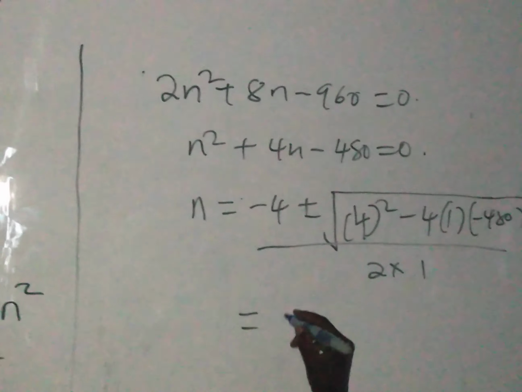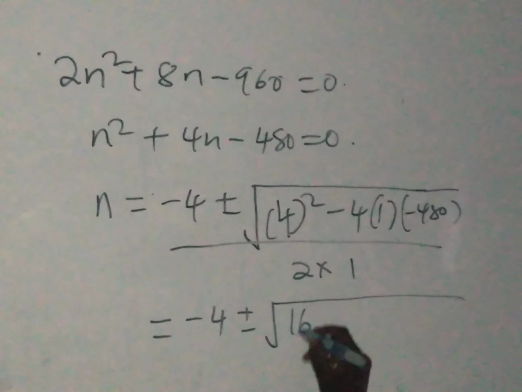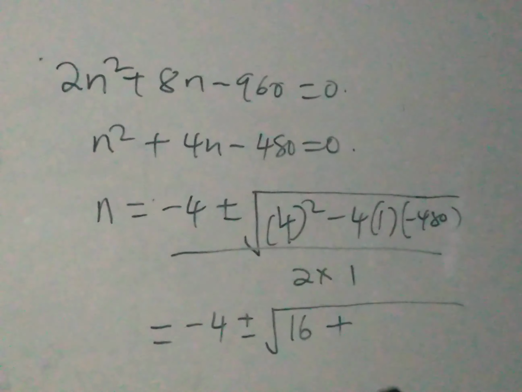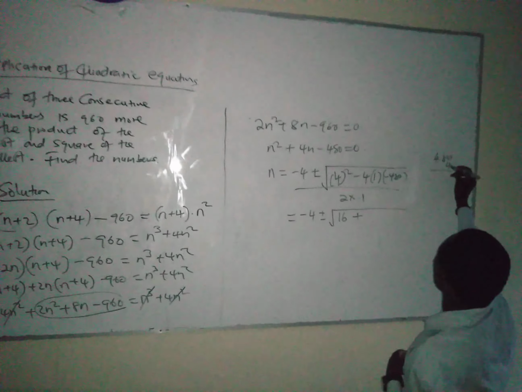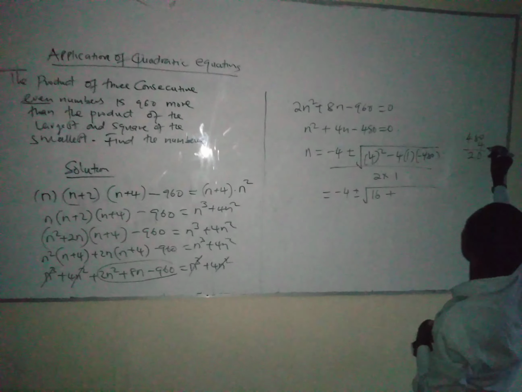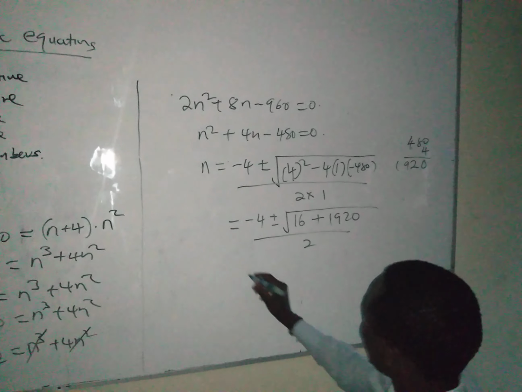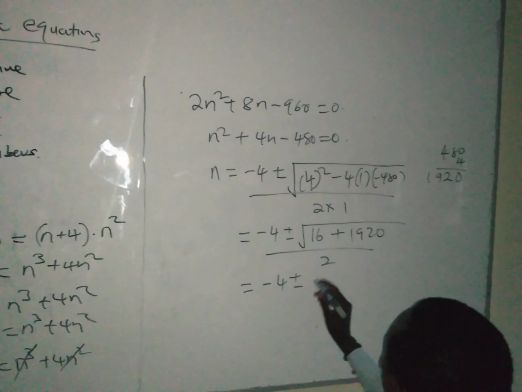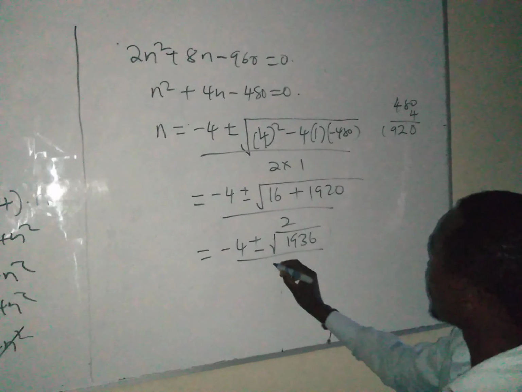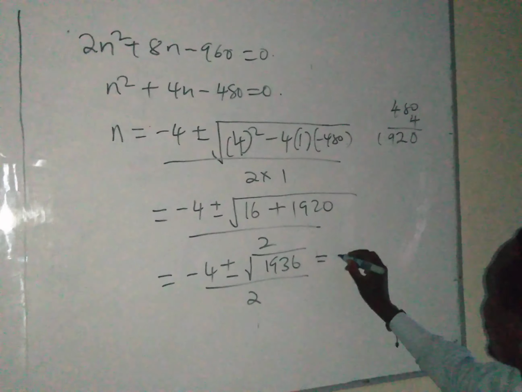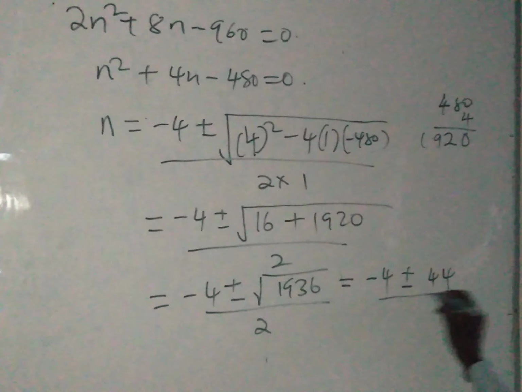Okay, so this becomes minus 4 plus or minus the square root of 16 plus 4 times 480. 480 times 4 is 1920. Add 16, that is 1936, divided by 2. So we have minus 4 plus or minus the square root of 1936, that's 44, divided by 2.